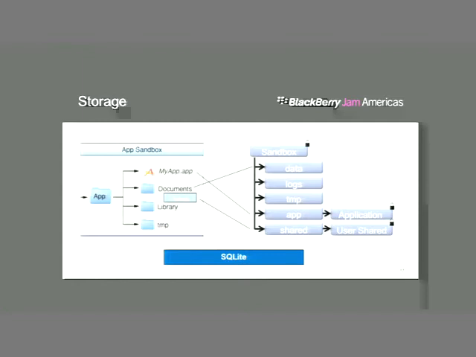So on iOS, similarly to BlackBerry 10, in your sandbox, you'd have your application-specific data, so application-specific assets, any images, or XML files, or textures if it's a game. And on BlackBerry 10, that would be the app directory.